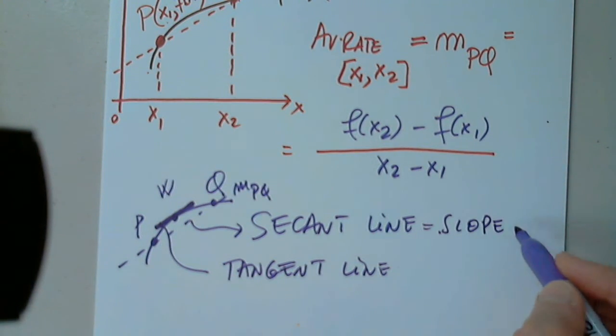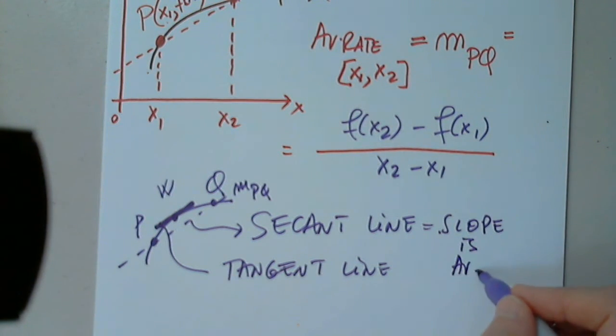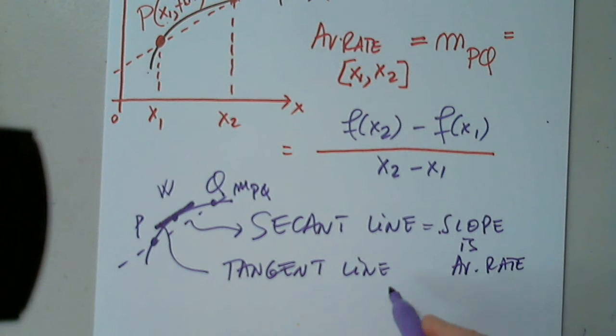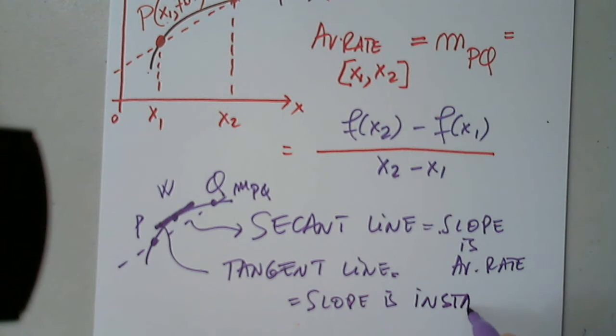Slope is average rate. For this one, its slope is instantaneous rate of change.